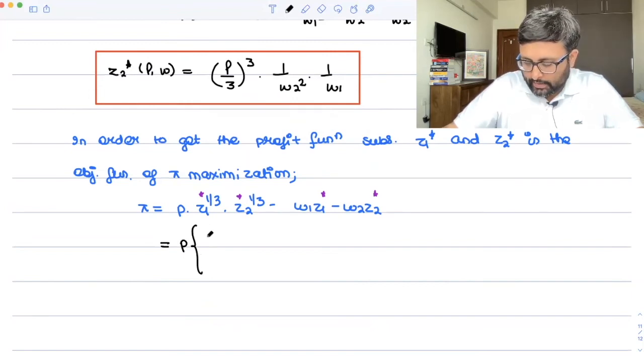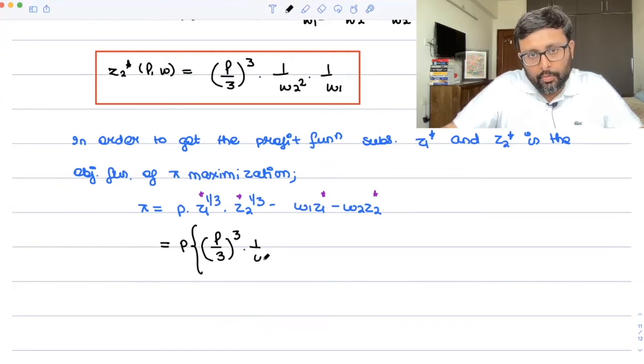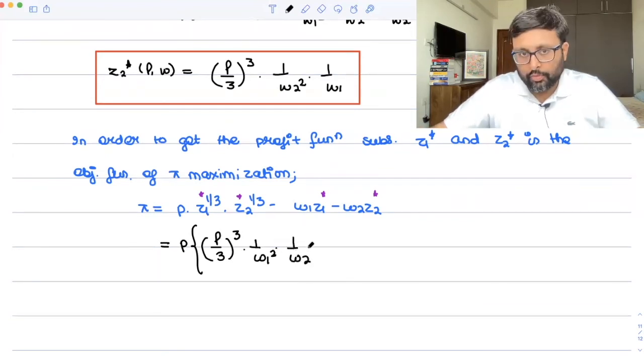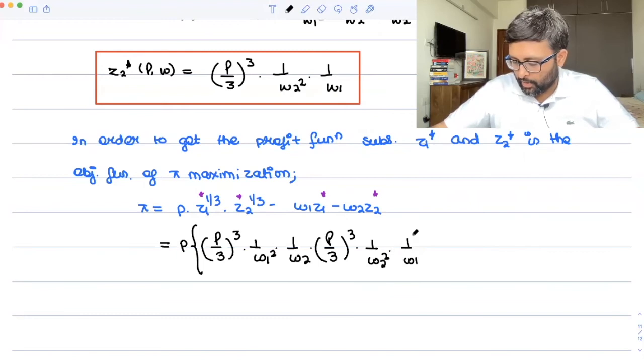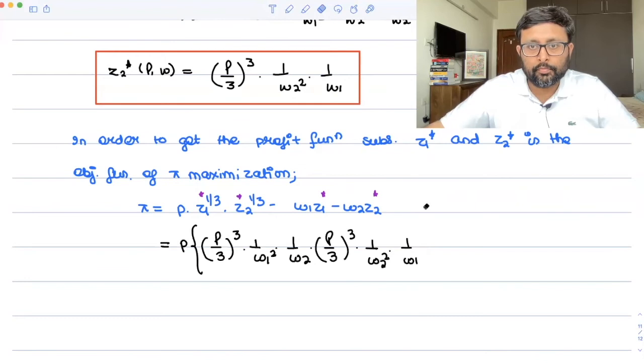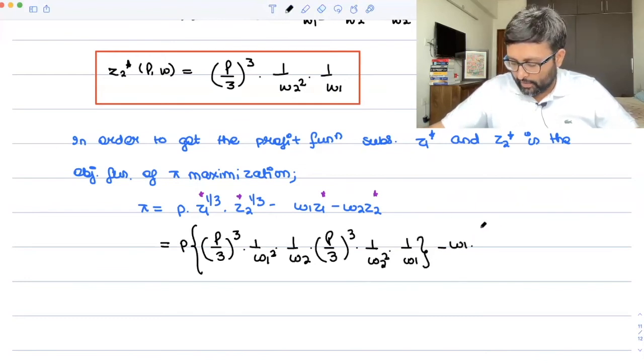So in place of Z1 star, you can write (P by 3) cube, 1 upon W1 square, 1 upon W2, and in place of Z2 star, (P by 3) cube, 1 upon W2 square, 1 upon W1, minus W1 Z1.